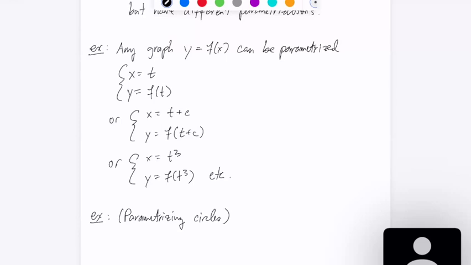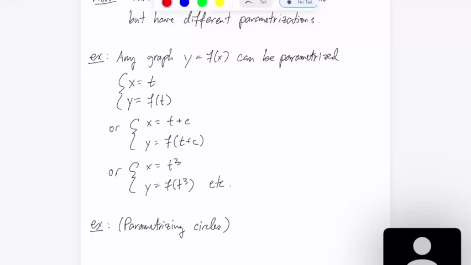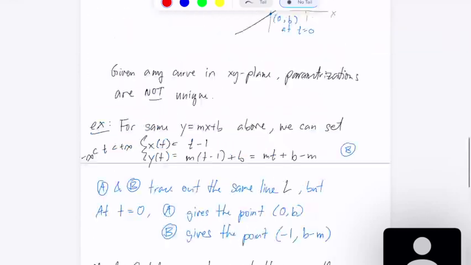So I see the question in chat. How does this go from one variable to two? Well, in this case, I'm now describing x as a function of t and y as a function of t. So this is now a map from t into x and y. So in that sense, it's a map from one variable to two, right?